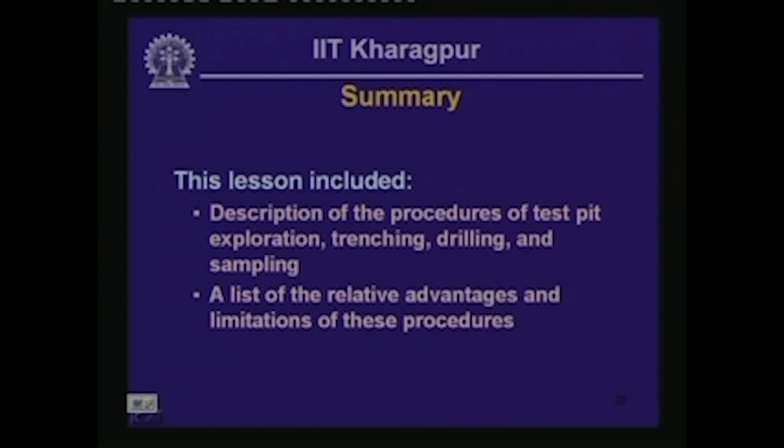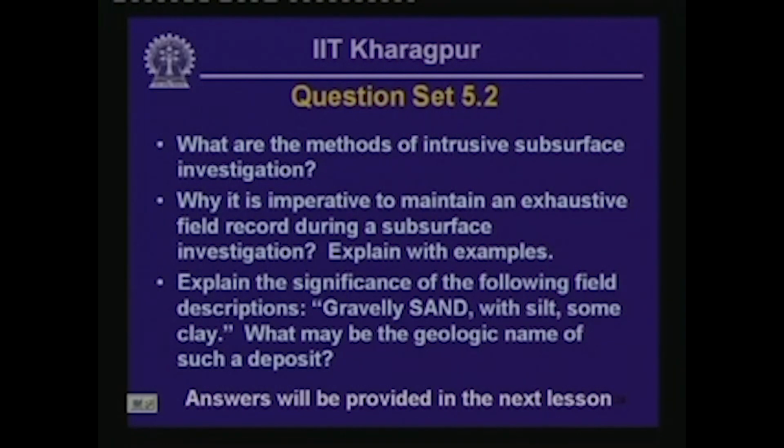In addition, as a part of the previous lesson's unfinished business, we looked at the procedure for systematic description of a rock hand sample and how a field record can be systematically kept, detailing all the necessary activities during the drilling process, during the subsurface investigation process. And finally, we wrap the presentation up with a question set. Try to answer these questions at your leisure.